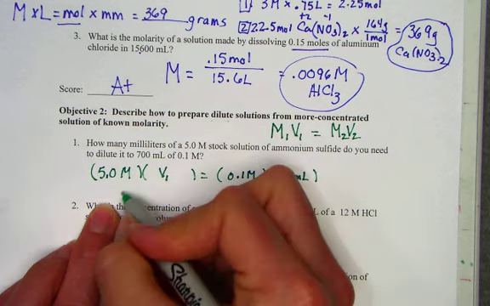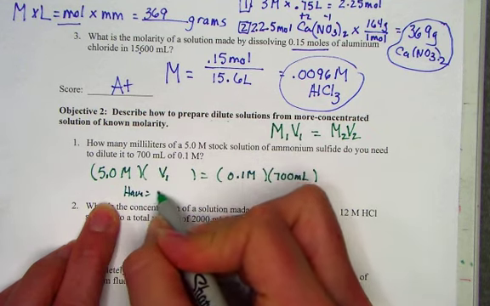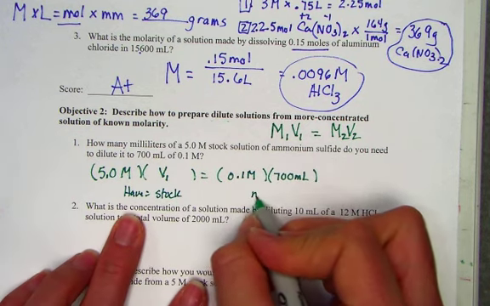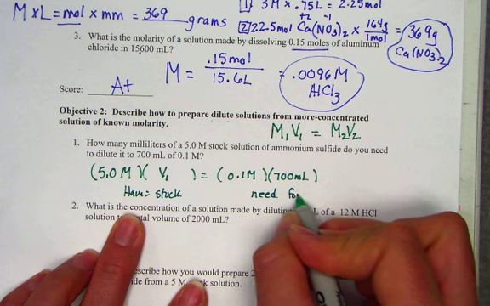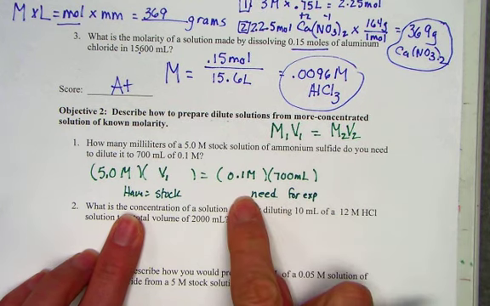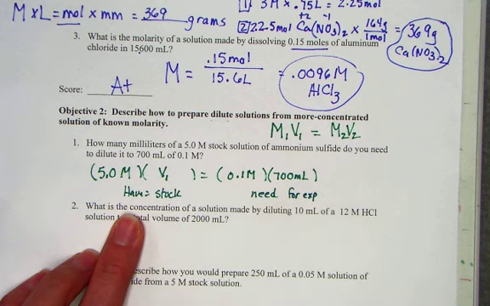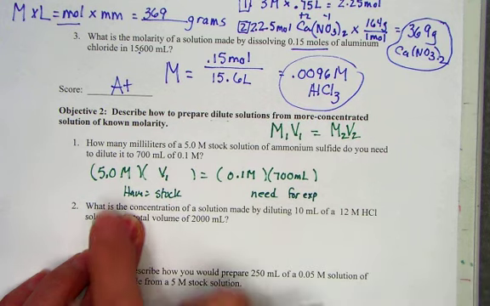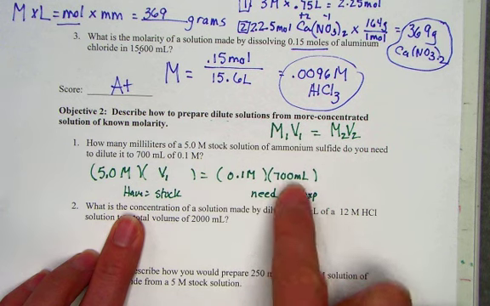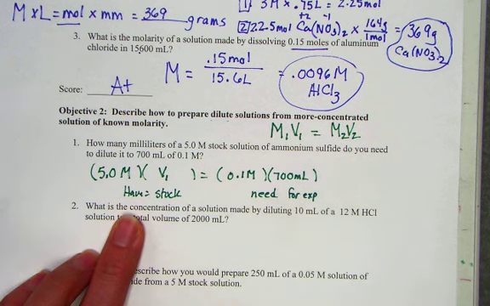This is what I have on hand, what we call our stock solution, what's sitting on our shelf, but this is what we need for our experiment. How would we go about preparing the volume and concentration we need from the stock bottle on the shelf? Knowing that M1V1 equals M2V2, I start on the side that does not contain the variable, so simply hitting 0.1 times 700, and I'll divide by 5.